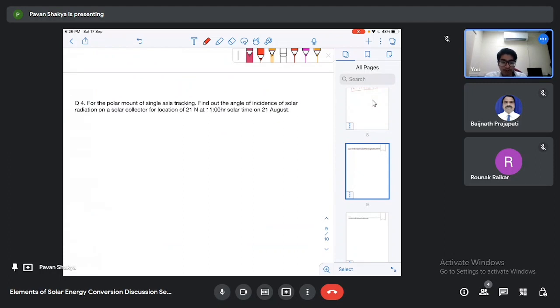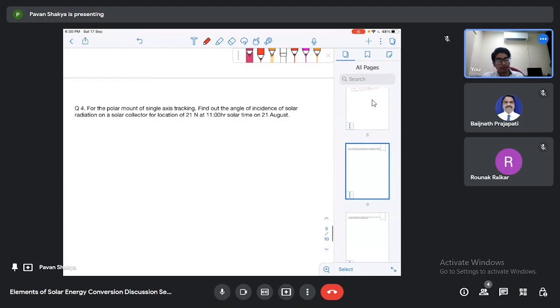In the next problem, it has been asked that for the polar mount of single axis tracking, find out the angle of incidence of solar radiation on a solar collector for a location of 21 degree north at 11 hours solar time on 21st August.